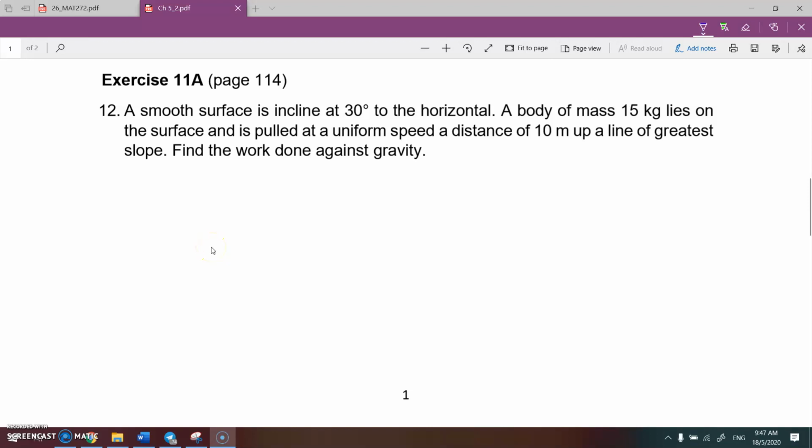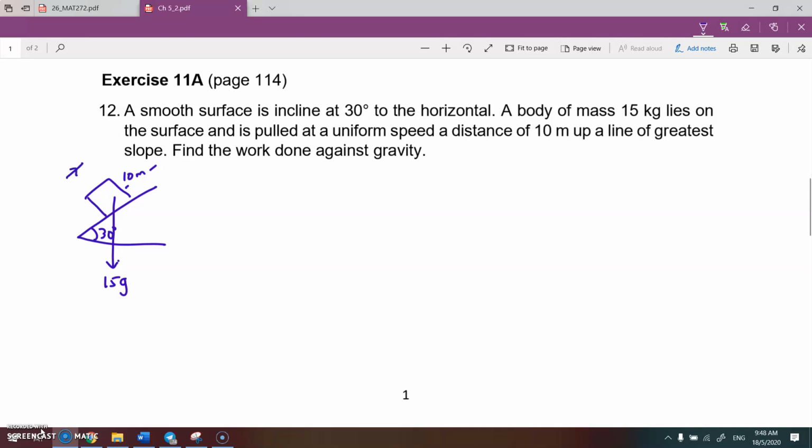Okay, exercise 11A. A smooth surface is inclined at 30 degrees to the horizontal. This one is also an inclined plane, where it is 30 degrees to the horizontal, and a body of mass 15 kilograms lies on the surface and is pulled at a uniform speed 10 meters up a line of greatest slope.